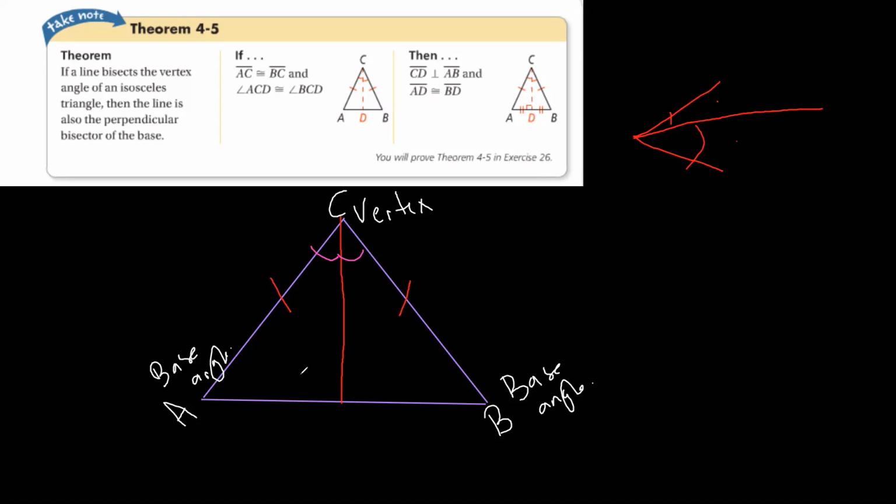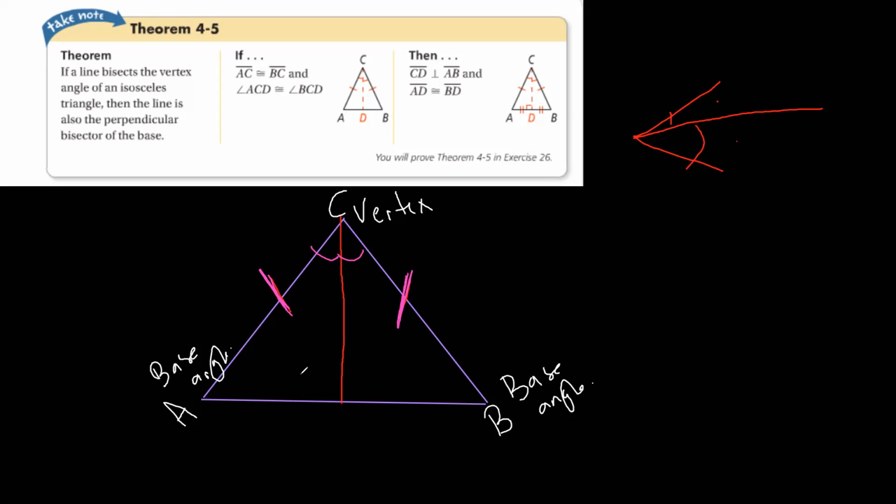Here I have an isosceles triangle. For the isosceles triangle, all of us know that this side is congruent with this side. I bring now a line, and this line bisects the vertex angle. It cuts the vertex angle.